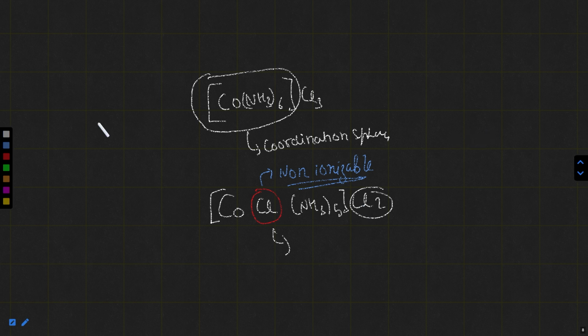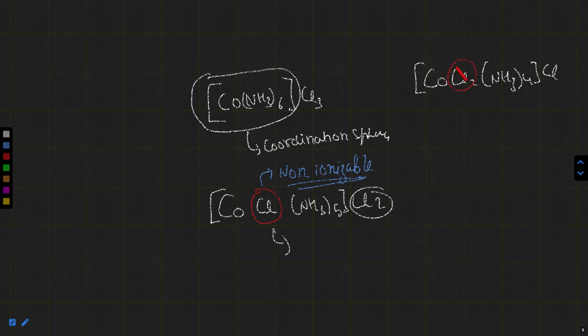Again, if we take the next one, we'll take [Co(NH3)4Cl2]Cl. It should always have a secondary valency of 6. So one Cl will be left outside.